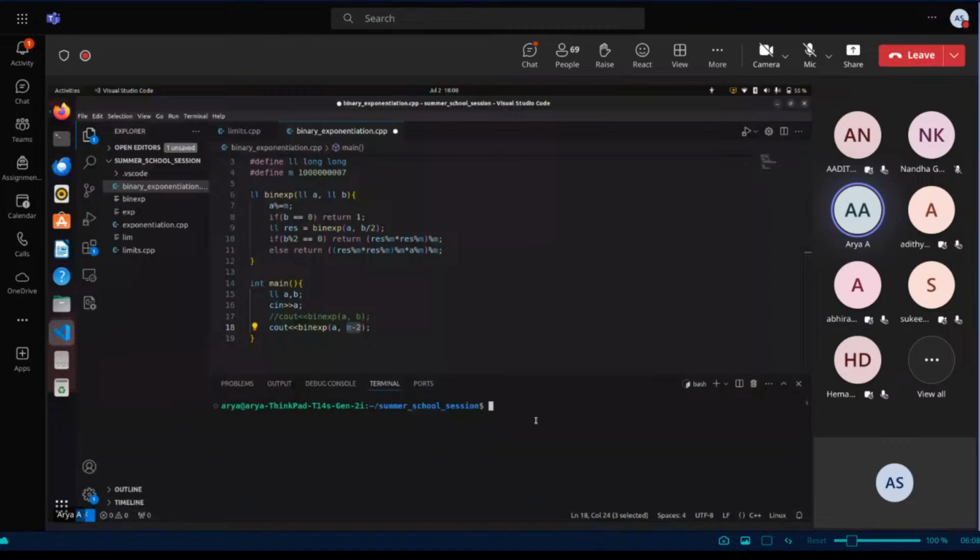Let us try this out. Let me try to find the modular inverse of 2 mod 10 power 9 plus 7. So I'll put 2. Okay, there's some problem.